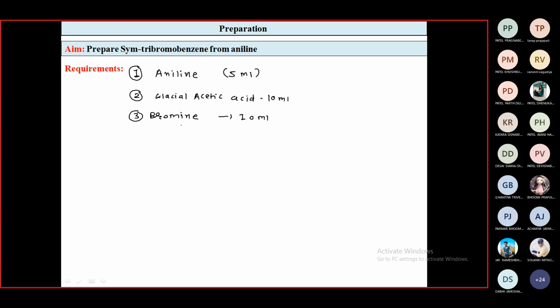The bromine solution is generally prepared in acetic acid. In order to remove the NH2 group, NaNO2 is needed, 1.75 gram. Then the fifth one is rectified spirit, R spirit, 15 ml.